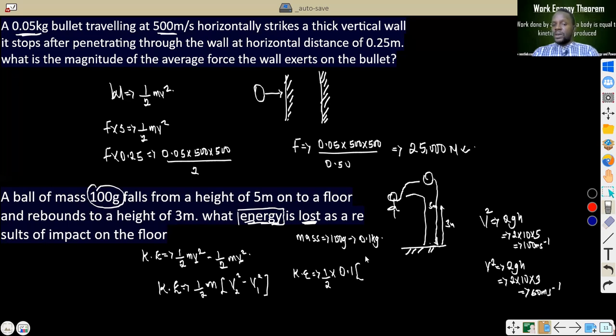For my way of understanding, it is 100 minus 60, which gives 40, and 40 squared is 1,600. Multiply it by 1,600, and the 2 can go here. This is 800. So what you have is 800 divided by 10, and that is going to give me 80 joules. So that is the answer to this question.